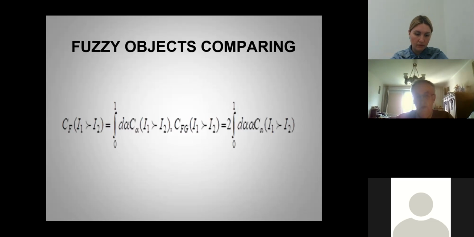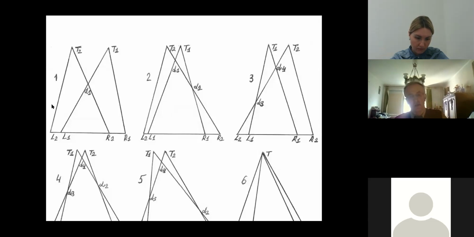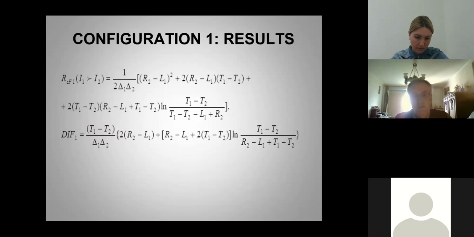And these functions depend on configurations of compared alternatives. Here are these configurations. Points alpha are limits of integration, and we may now integrate the previous formula, and for configuration 1, we receive such relation for the first configuration by first procedure of identification. It's for the second procedure. And we did it for all configurations mentioned above.